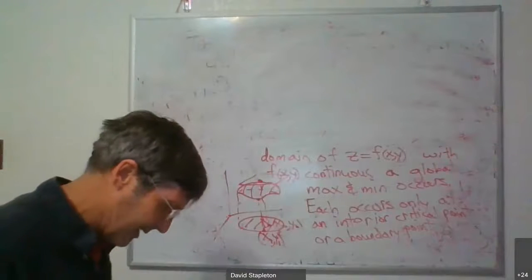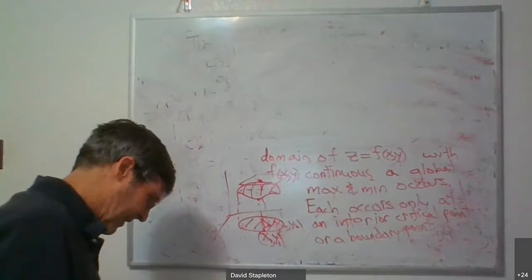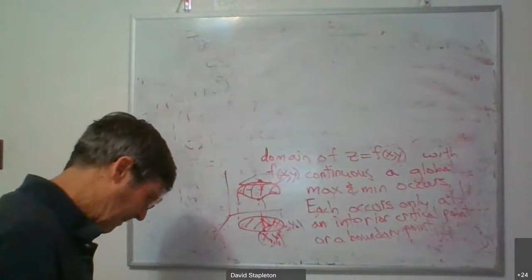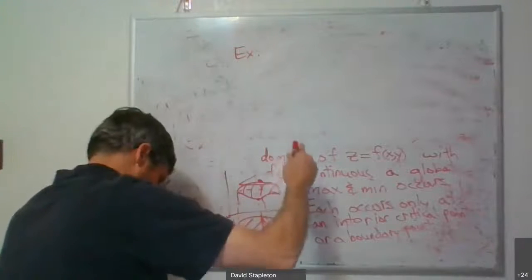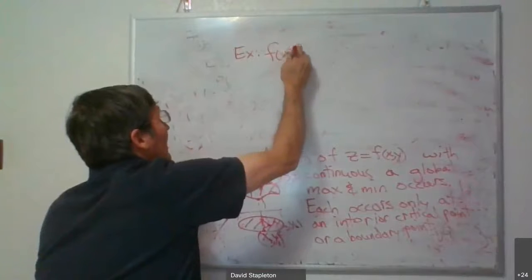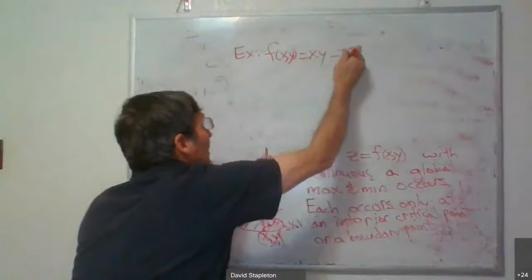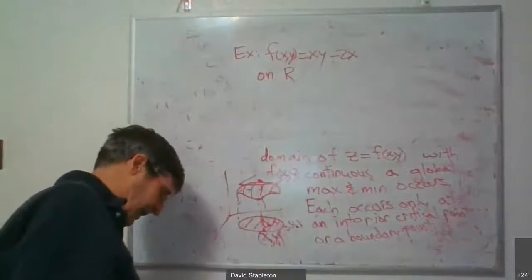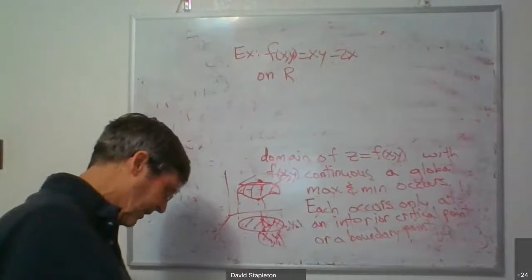So now let's find the global max and min on this one. Example, f of x, y equals xy minus 2x is on a region, R we'll call it, or I called it D for domain before, they called it R, in here, so I'll switch to that, is the triangular region with vertices 0, 0, 0, 4, and 4, 0.